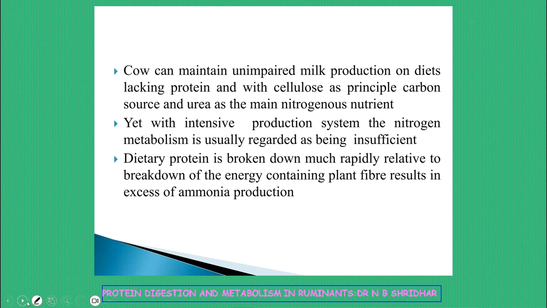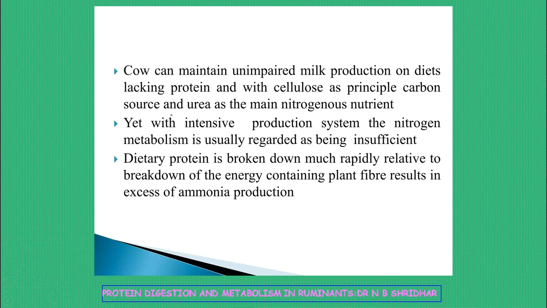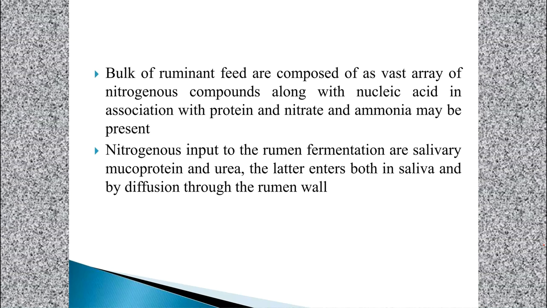Even when no good quality protein is available, ruminants can survive because of their nitrogen metabolism, which is usually regarded as being insufficient. Dietary protein is broken down much more rapidly relative to the breakdown of the energy-containing plant fiber, which results in excess ammonia production. So this is also required.